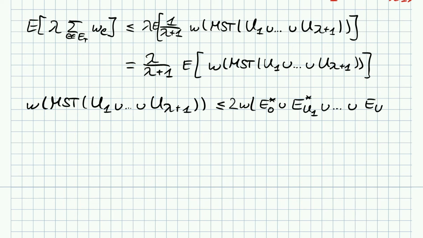What would it do if the terminal set were U lambda plus 1? All of these we are now combining. This is again a feasible Steiner tree, and this is a minimum spanning tree, so there will be at most a factor of 2. This is exactly the same argument that we saw for the first stage.